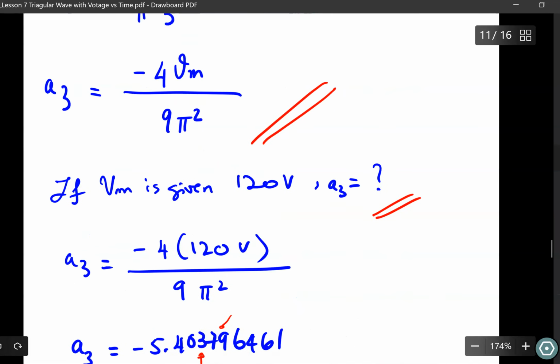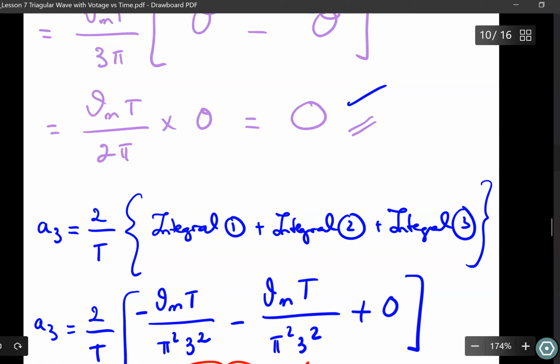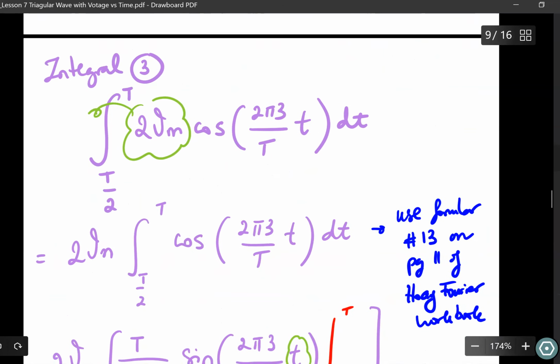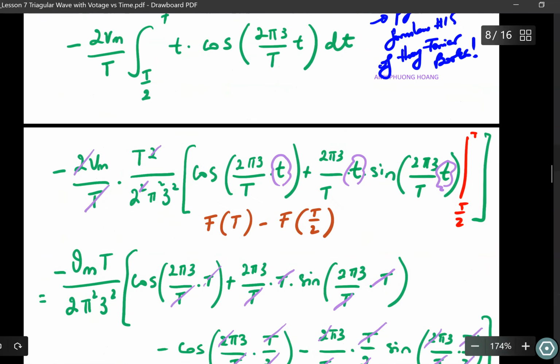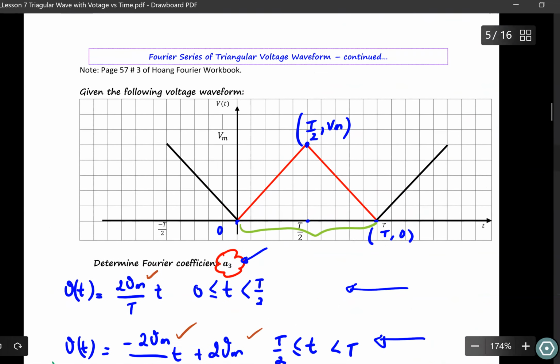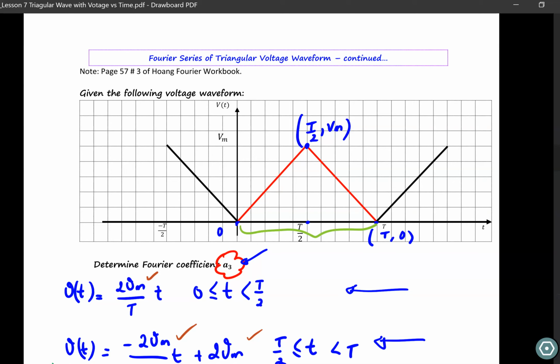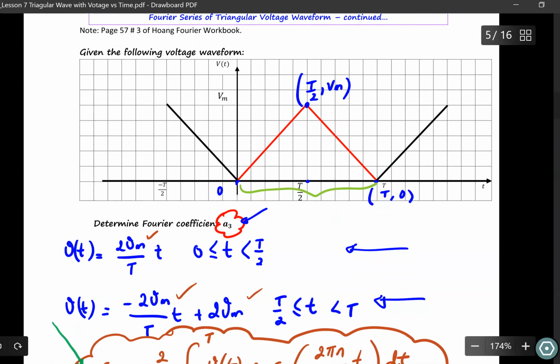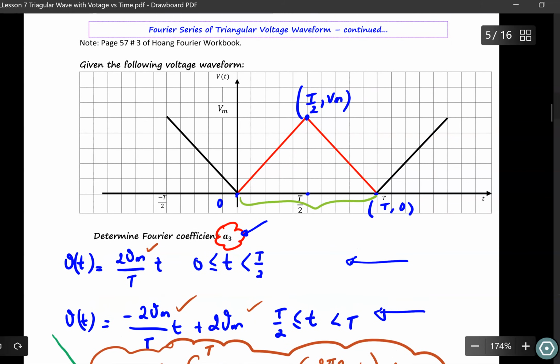Alright, okay. So this is quite a comprehensive, very long question to work with. I just want to review a little bit before I end my video. So to find the Fourier series, we have to know if this one is odd or even, or if it's halfway symmetry.